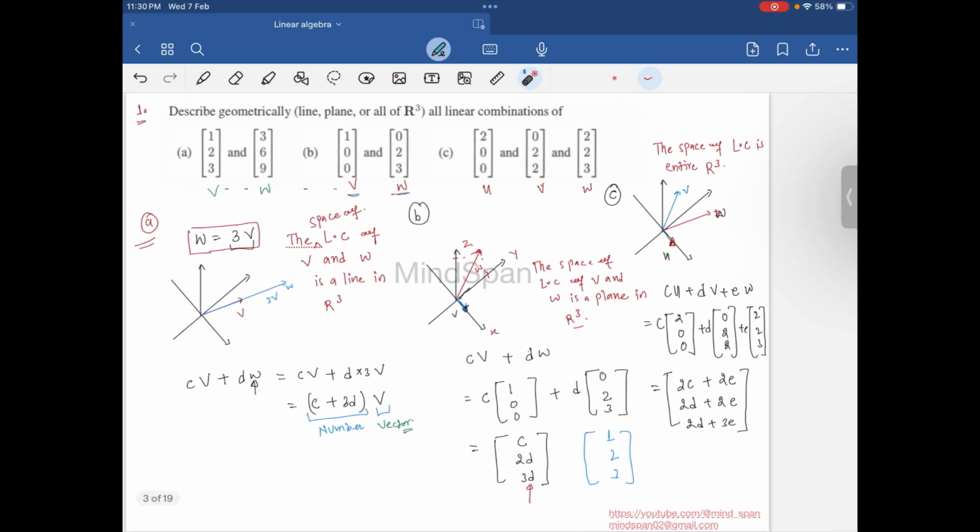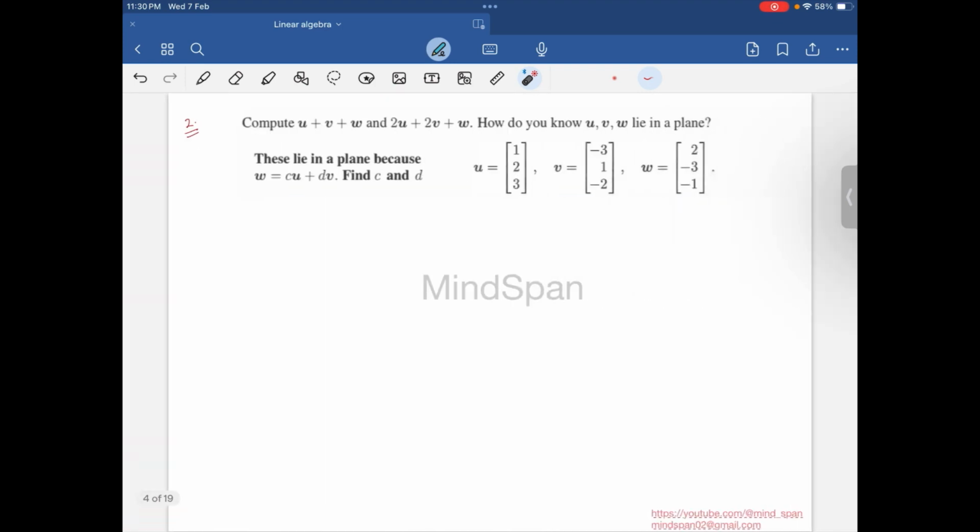So that is one case, and here it may happen that you will not be able to directly see that some vector is a multiple or some combination of the others, and if you take the combination of something, that will produce something. So let me not confuse on this. Let's stick to this question, and you will get to know what I am saying.